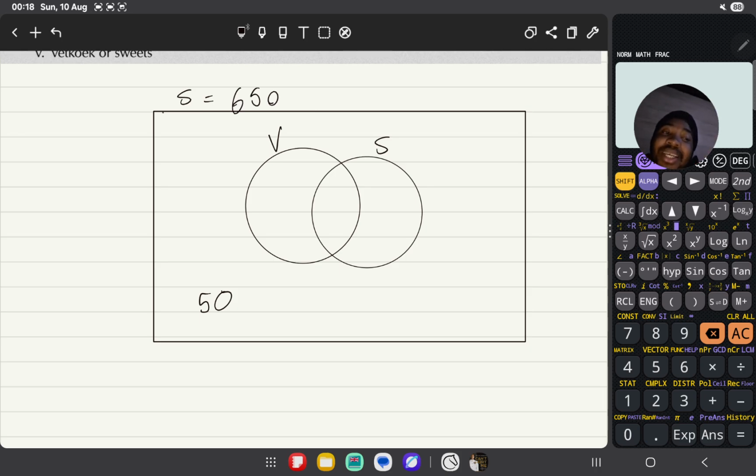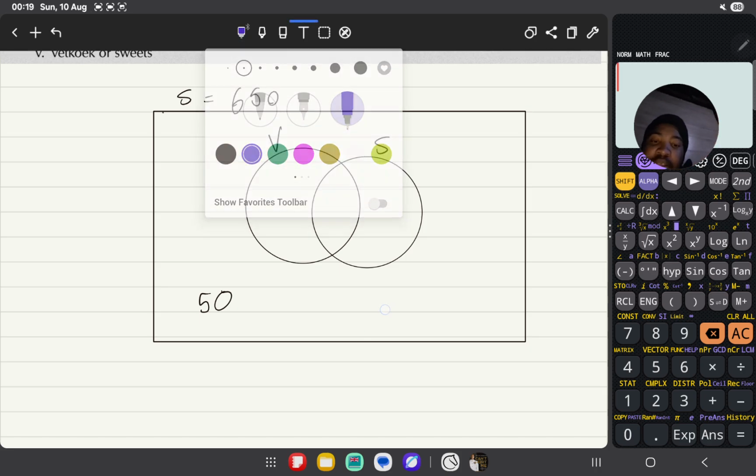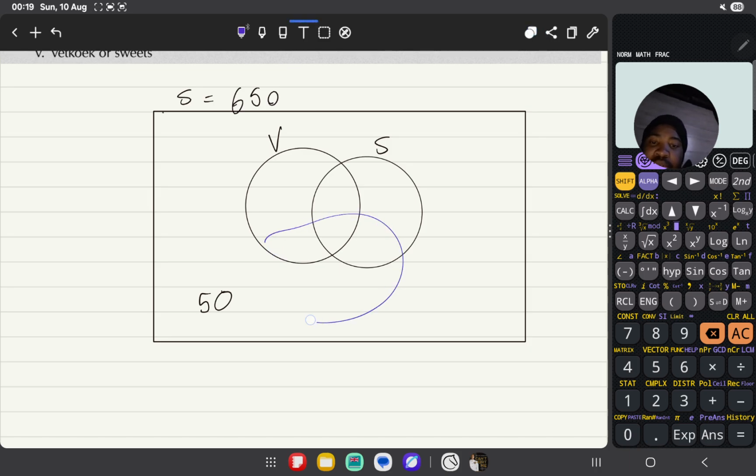This is the proper way of doing it, but it could be possible that someone thought to have another circle, so they'd have three circles. Say this circle is for those who bought nothing, so N is for nothing.